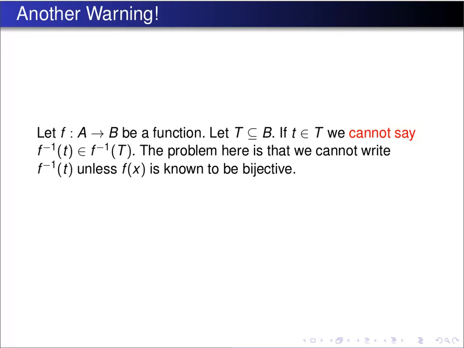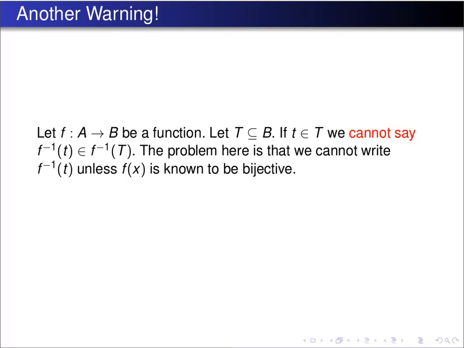In other words, f inverse of T, that notation means the preimage of the set T. That's always defined. But if you say f inverse of little t, like an element of the set B, then you are assuming that the inverse of the function f is defined, and it may not be. So you just have to be careful.